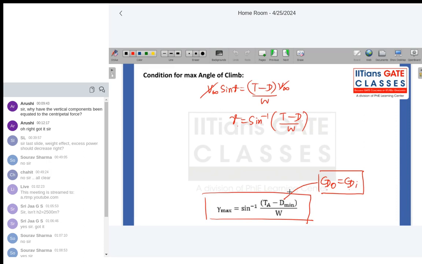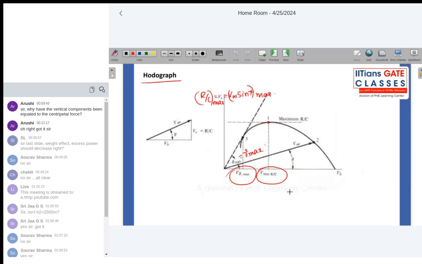See, this is where power required is minimum for piston engine aircraft. This is where drag is minimum. Drag into velocity is nothing but your power required. Drag being minimum doesn't indicate that power required is minimum. The flying velocity also should be minimum. Then only power required can be minimum.